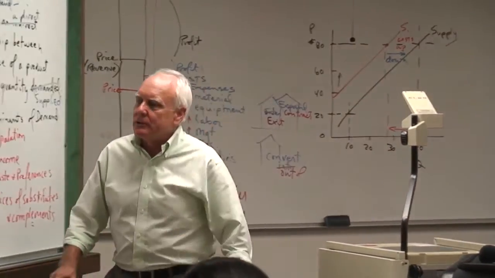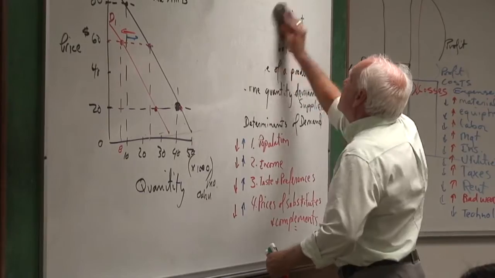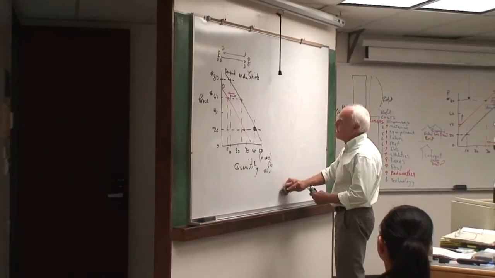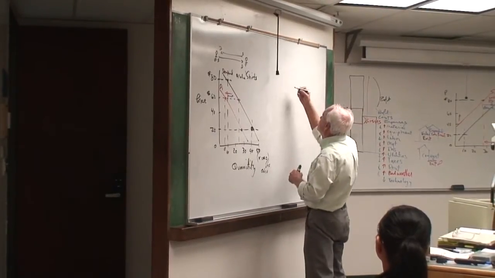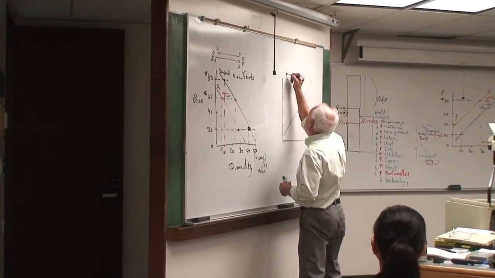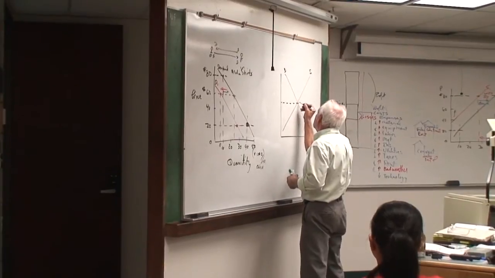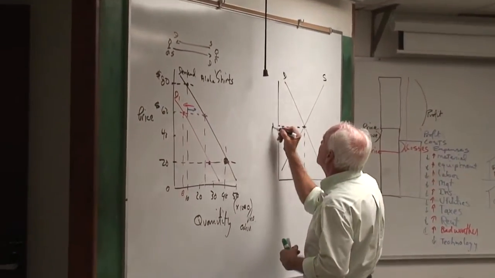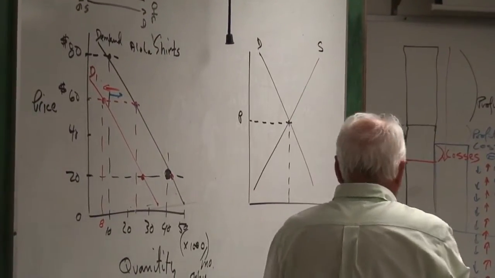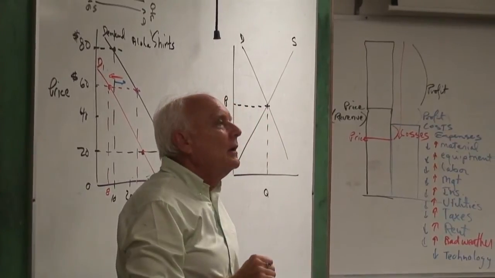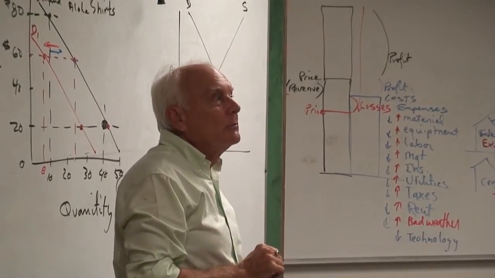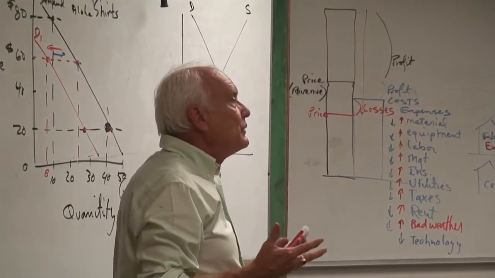Okay. Now we put these two things together, and we are able to identify a price that the market is going to come to because of these two different features in the marketplace.